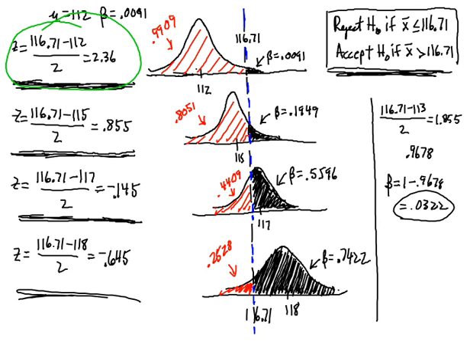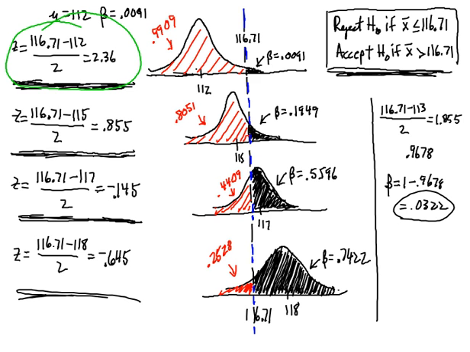But if you get up to 115, as I've calculated there on the left, 116, 117, 118, if you look at that chart below on the web page, you can see that the power drops off pretty quickly once you get up to or beyond 114. So our sample size 36 is really sufficient for correctly rejecting the null hypothesis if the actual population average is as bad as 113 or less.